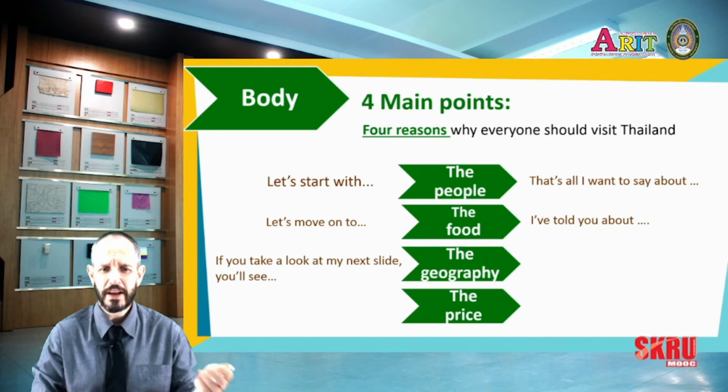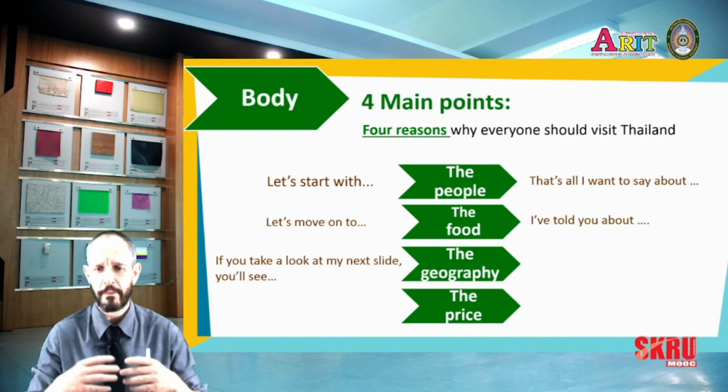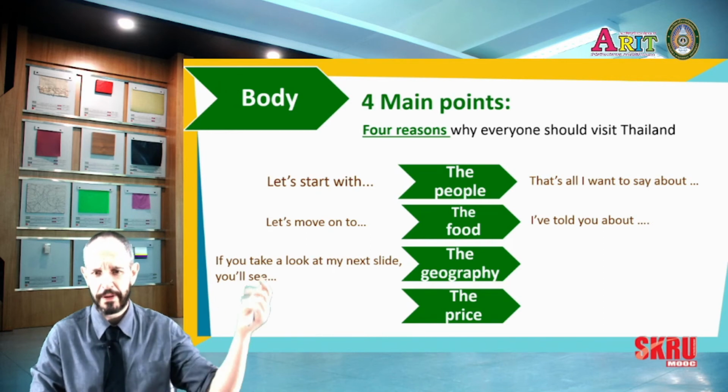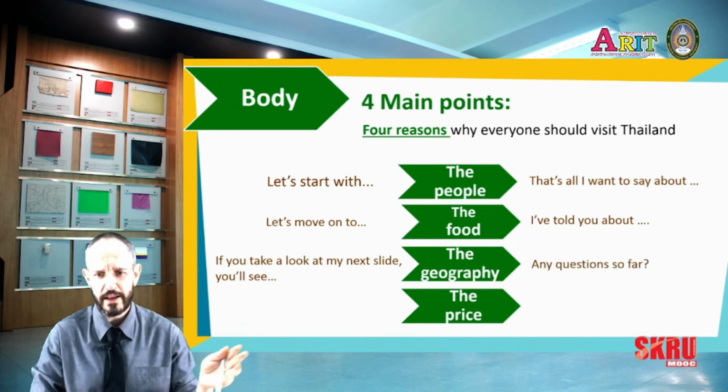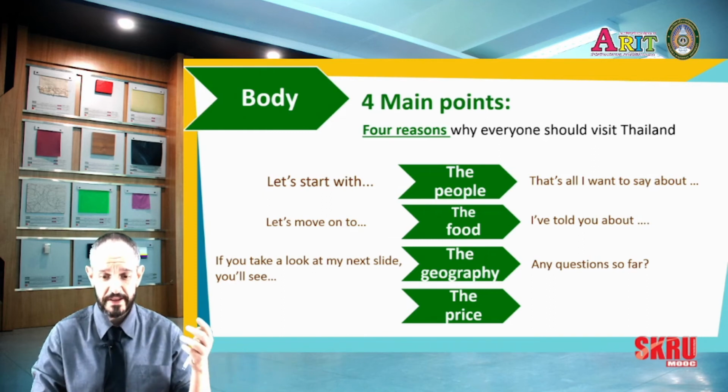Now, if you take a look at my next slide, you'll see the geography. Maybe it's a picture of a beach or the mountains, whatever it is, but I'm pointing out a picture. I can end the geography with any questions so far? Maybe some people have questions, maybe they don't.